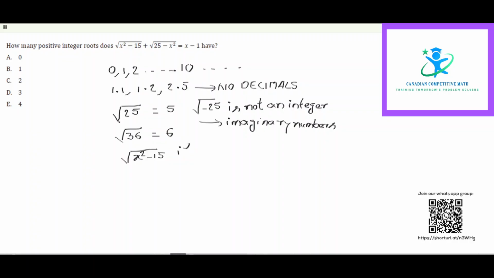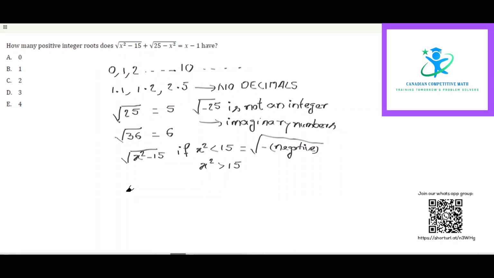If x squared is less than 15, this will be the square root of a negative number, which is not an integer, which is not a positive integer. So x squared should always be greater than or equal to 15.